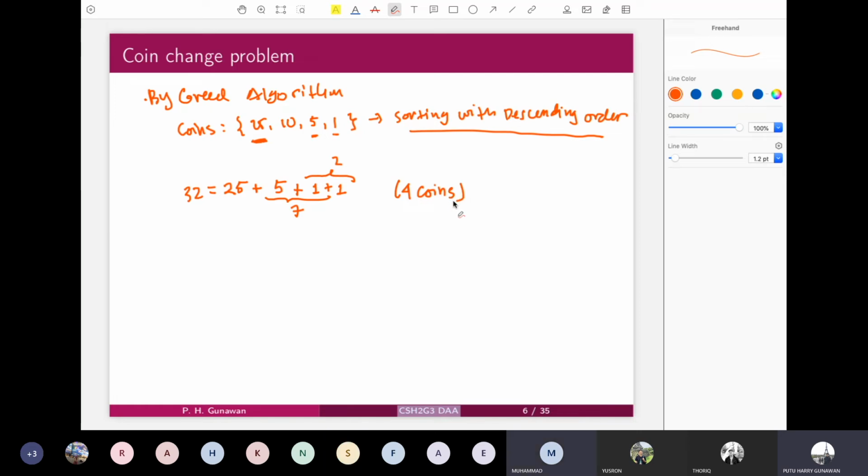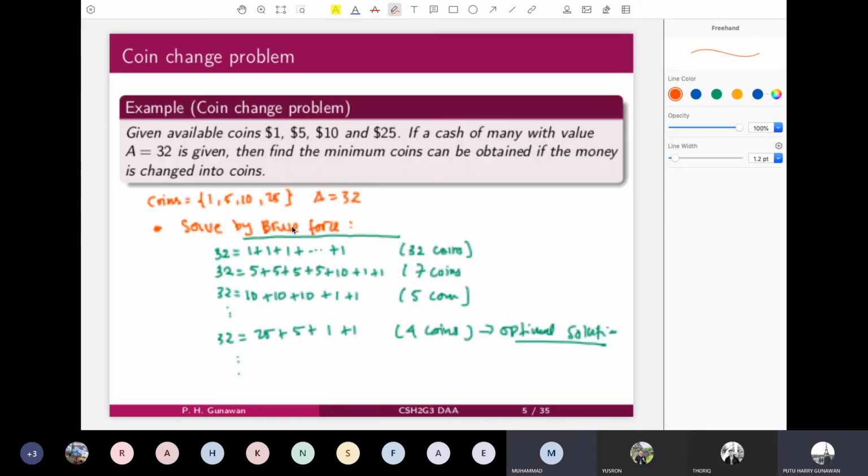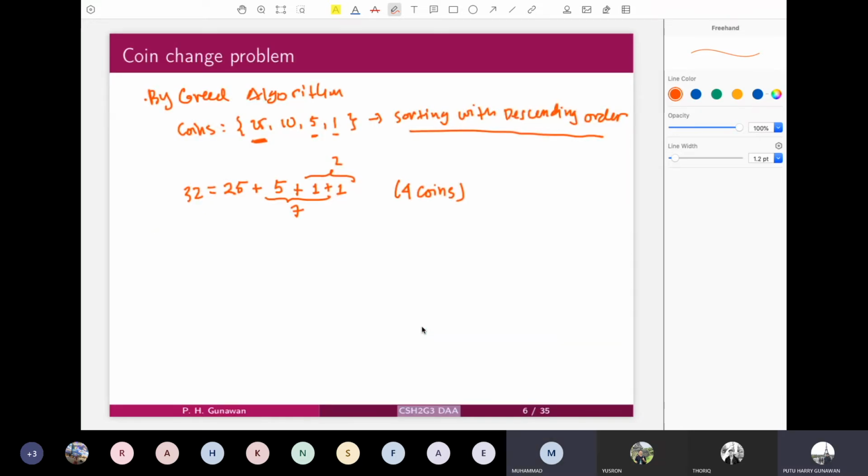This is exactly the optimal solution from the brute force algorithm. In the brute force algorithm we find 4 coins, and also in the greedy algorithm. Okay, any other questions for this one?